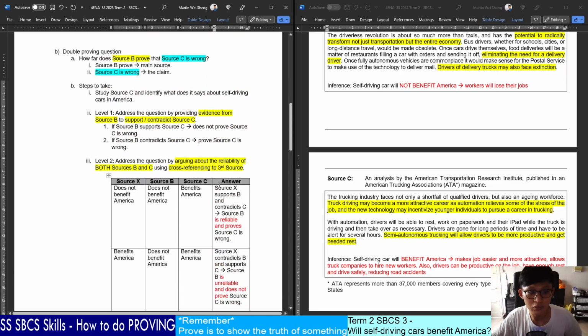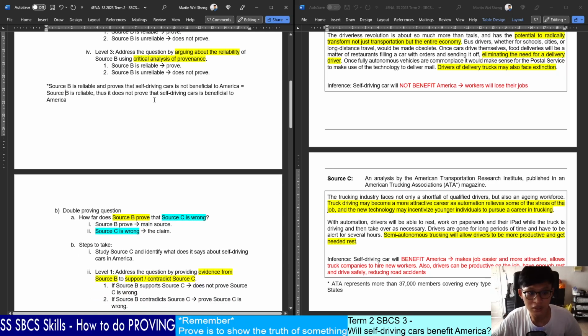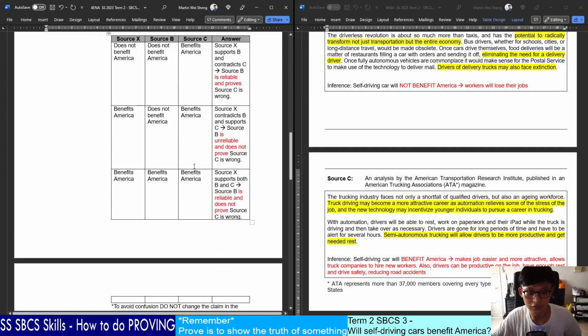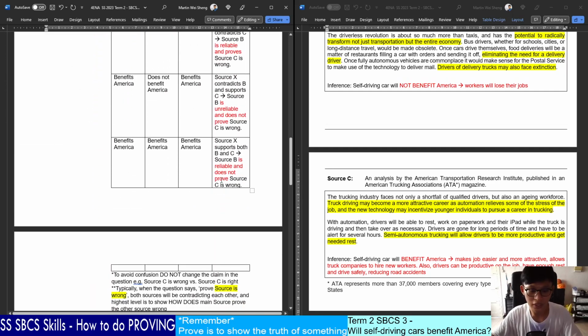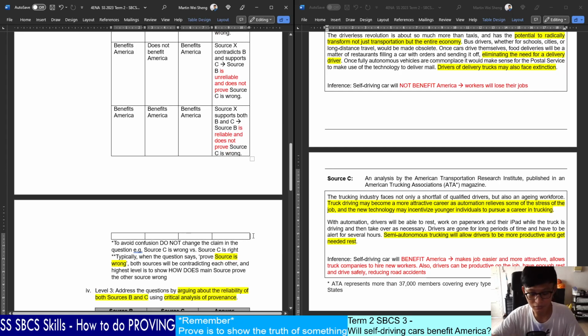Remember we talked about this statement over here, that they are actually the two same thing. So in this case over here, B is reliable, it does not prove that C is wrong. It's similar in structure to the statement over here. Let me just copy this again to make it clearer for you.